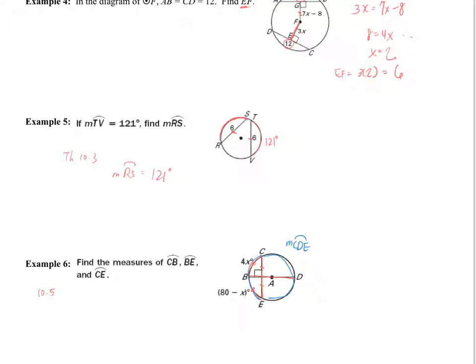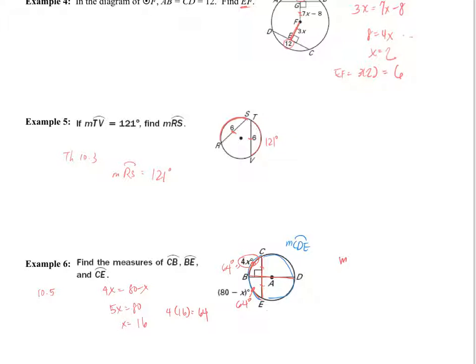So I can set 4x equal to 80 minus x and solve for x. And x would be 16. Then I need to take 4 and multiply by 16 to get 64. So since these two arc measures are the same, I can just do 64 degrees here as well.